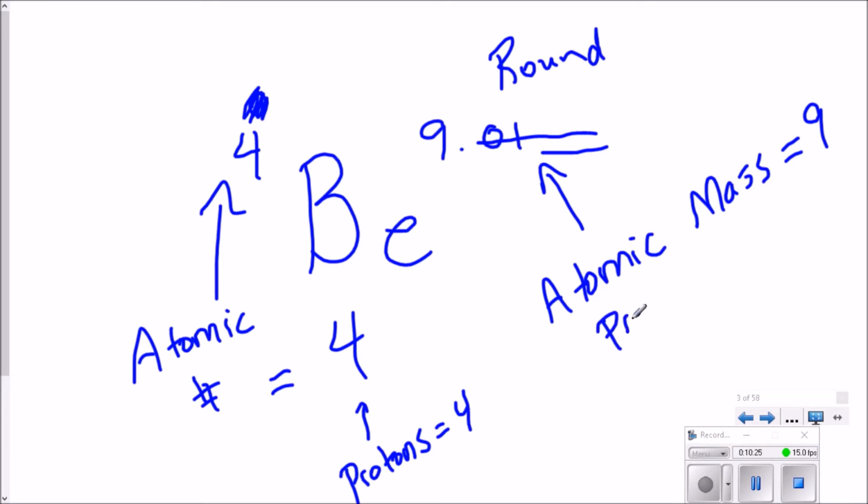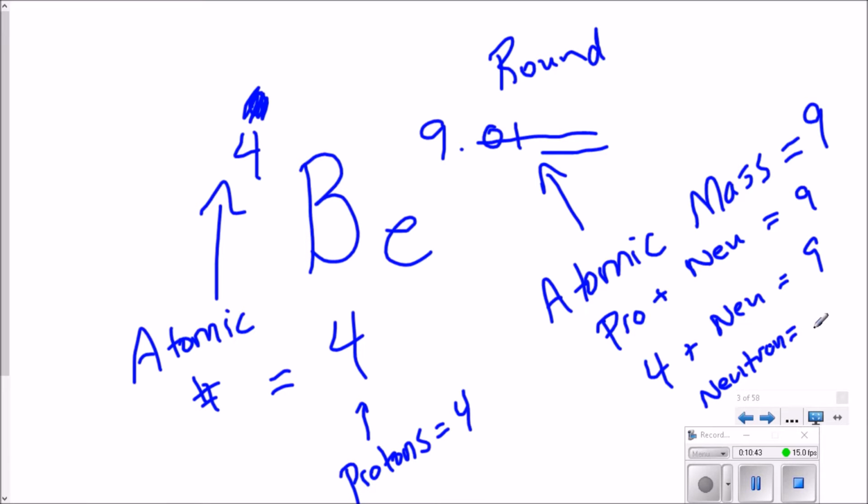So if protons plus neutrons equal 9, then we have 4 protons plus a certain amount of neutrons equals 9. I'm not going to insult your intelligence here, but we should have 5 neutrons. So far what we know is that we have 5 neutrons and we have 4 protons.